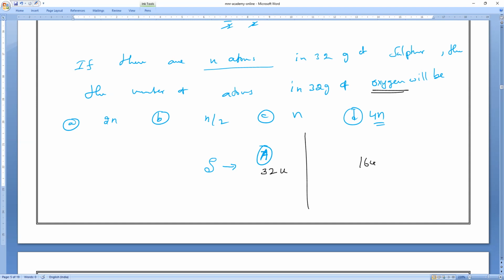So now, 32 grams of sulfur contains n, the Avogadro number of particles.